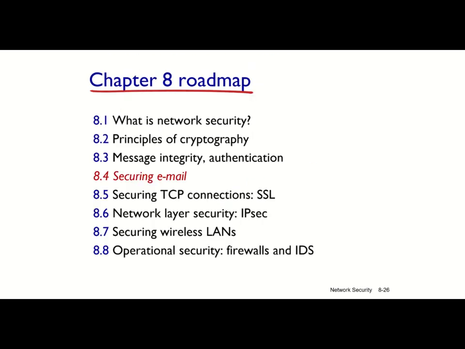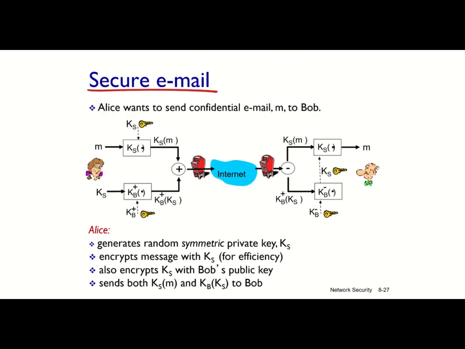Next, we talk about how to secure emails. Let's consider a scenario in which Alice wants to send an email to Bob, but wants to send it through a secure connection. In order to secure the connection, Alice first generates a key, which we call KS. That would be the shared symmetric key, which is private, and only Alice and Bob will know it, and no one else knows it.